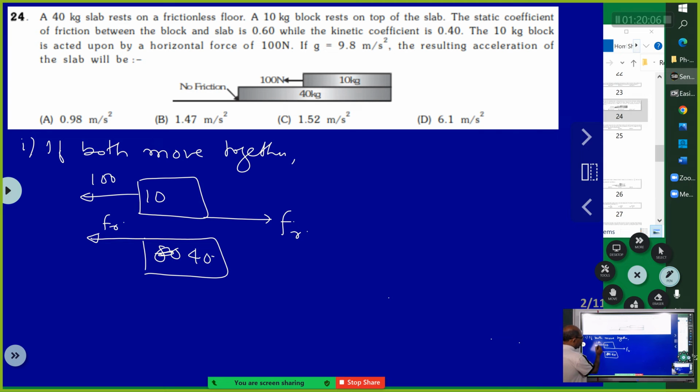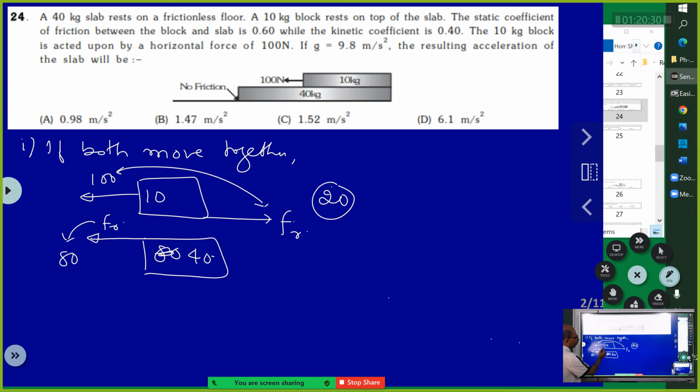That means this 100 Newton minus Fr will be the net force on this, which should be equal to 20 Newtons. Here the remaining 80 Newtons will come on this, and this frictional force will be that 80 Newtons.